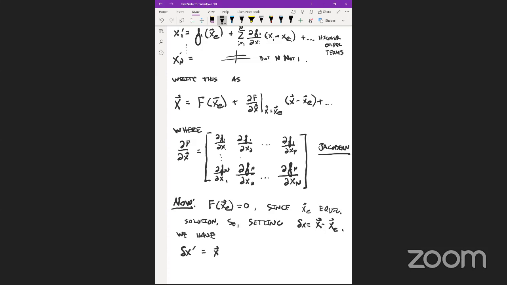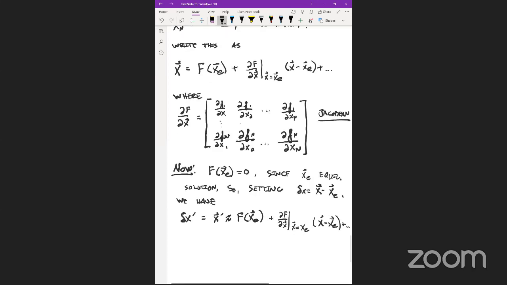So it is x bar prime, and that is going to be not equal to, but approximately f of x_e plus df/dx at x equals e times the difference between x and the equilibrium solution plus some higher order terms.